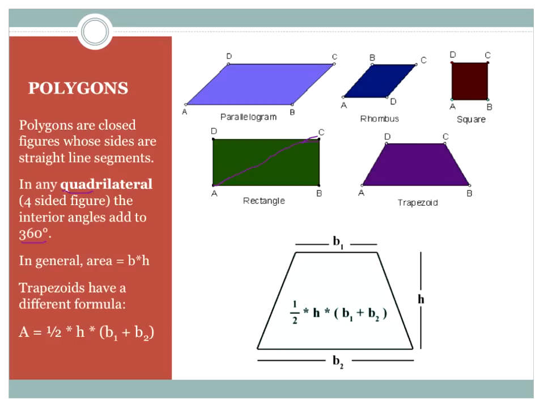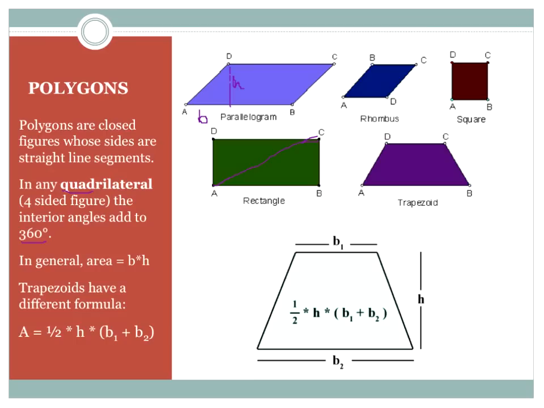So in looking at this parallelogram, we would have a base, B, and we have to be careful what our height is. Our height is always making sure that we look at just the height of the figure, not the diagonal, not the side length. Okay, so we'd have a base times a height there.